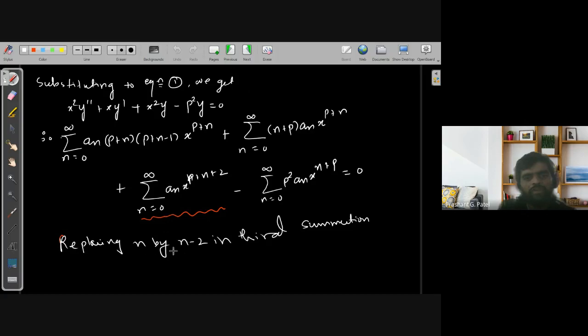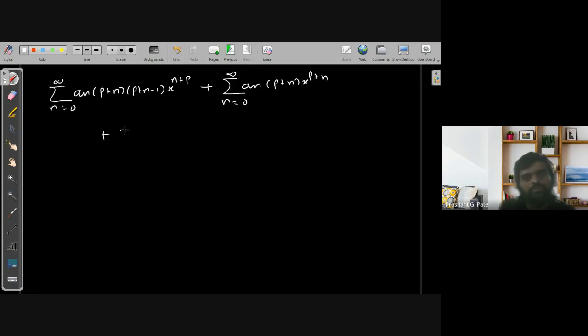Instead of n, we have to replace n by n minus 2. So this n, which started with 0, should now start with 2. So it is the summation from 2 to infinity of a_(n minus 2) x raised to n plus p, minus the summation n running from 0 to infinity of p square a_n x raised to p plus n equal to 0.